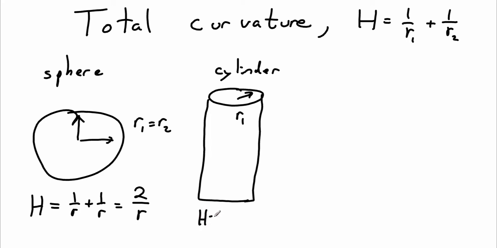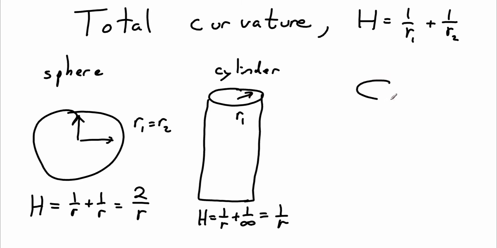Another way of saying that is that the radius of the circle that would be curved like this would be infinite. So it's 1 over r plus 1 over infinity, or just 1 over r. Okay, so it's half as curved as a sphere that has the same radius as the cylinder. We can see the curvature is twice as much on the sphere as it is for the cylinder.